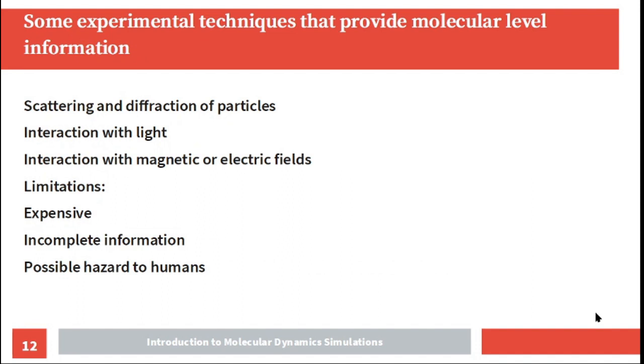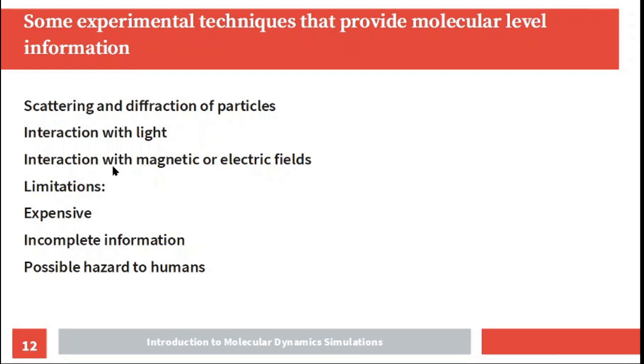Some experimental techniques that provide molecular level information. You can do some scattering and diffraction of particles. You can use X-rays, you can use neutrons, protons, light. Interaction of matter with light can be used to study its properties. Also, interaction of matter with magnetic or electric fields can also be used.